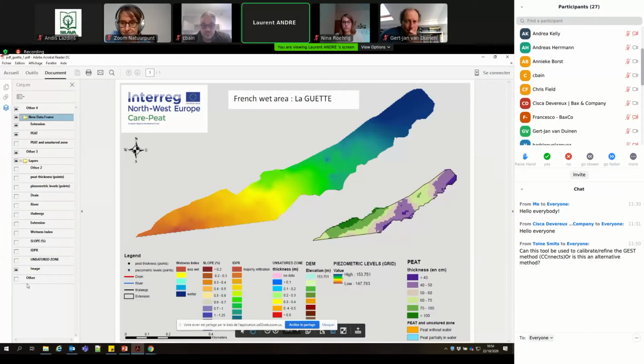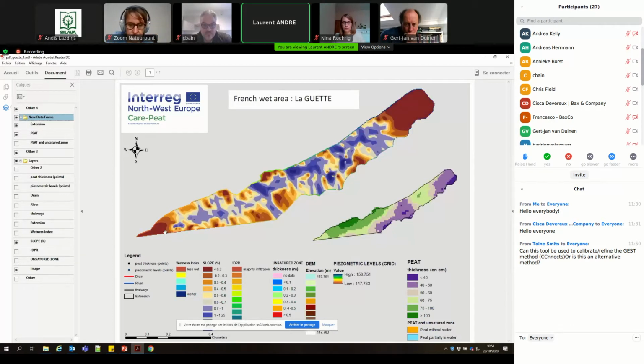So you have here, for example, a dynamic PDF with different layers. It is possible to play with the different layers, and for example, we can add some information. You have here the slope map that I showed you before.